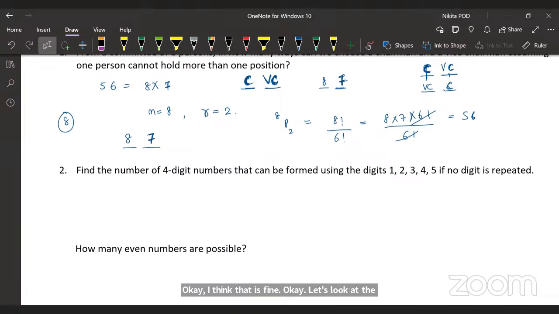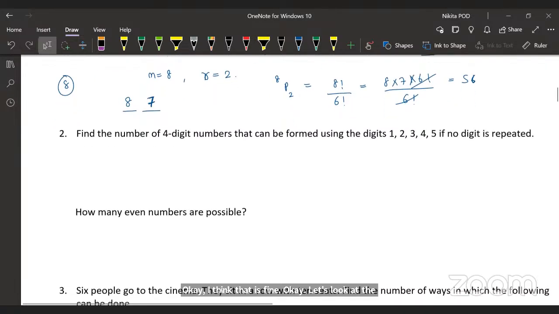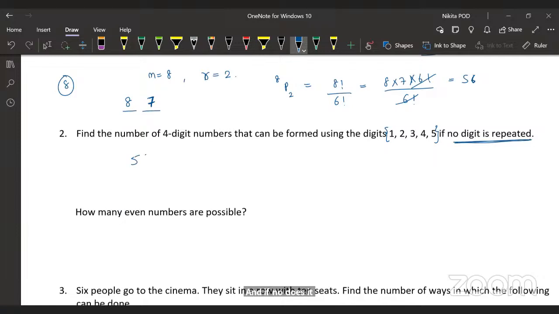In the second question, it is asked: find the number of 4-digit numbers that can be formed using the digits 1, 2, 3, 4, 5, if no digit is repeated. 5 factorial, 120.